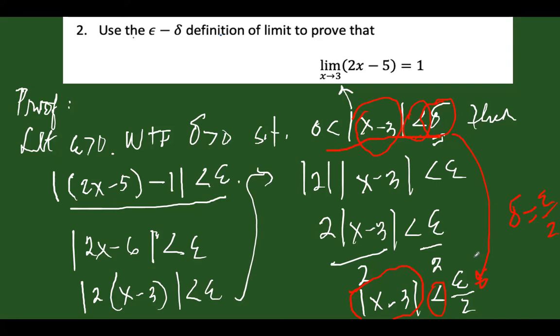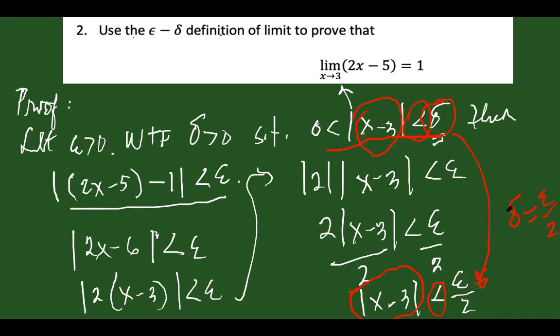Now, step number 2: we're going to show that there exists an epsilon which is greater than the absolute value of 2x minus 5 minus 1, given the value of delta, which is epsilon over 2.